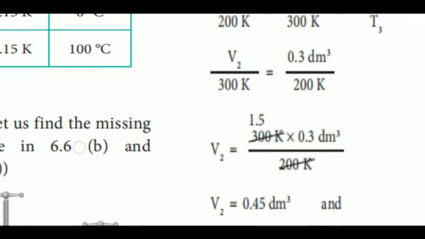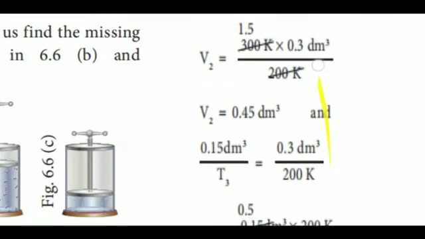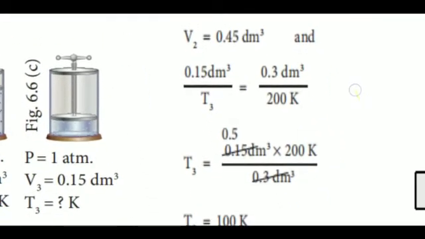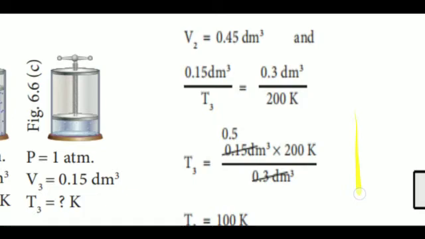If we cancel, 300 over 200 gives 1.5 times. So by cancelling 300 Kelvin and 200 Kelvin, we are getting 1.5, and already in the numerator we have 0.3 decimeter cube. Both we multiply, we are getting V2 value as 0.45 decimeter cube.